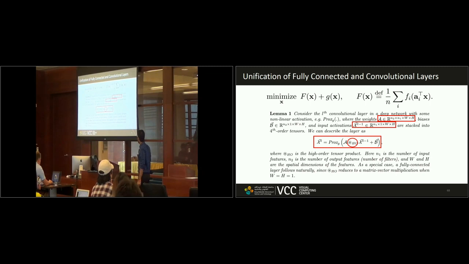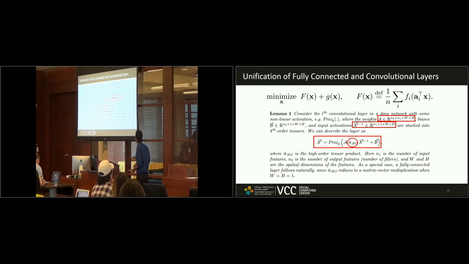N1 matches this N1, and I have N2 number of filters. Well, it turns out that doing a convolutional layer is nothing but performing precisely that operator that we talked about at CSC. They're exactly the same, and thus doing a forward pass with this convolutional layer, followed by some nonlinearity, is equivalent to performing one iteration of some proximal gradient method on some objective function.